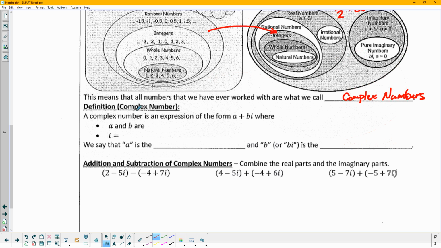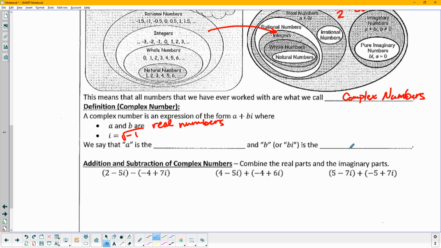So for the definition of complex numbers, it's just an expression of the form a plus bi, where a and b are real numbers, and i is the square root of -1. Okay. This is where we get some variance in definitions.